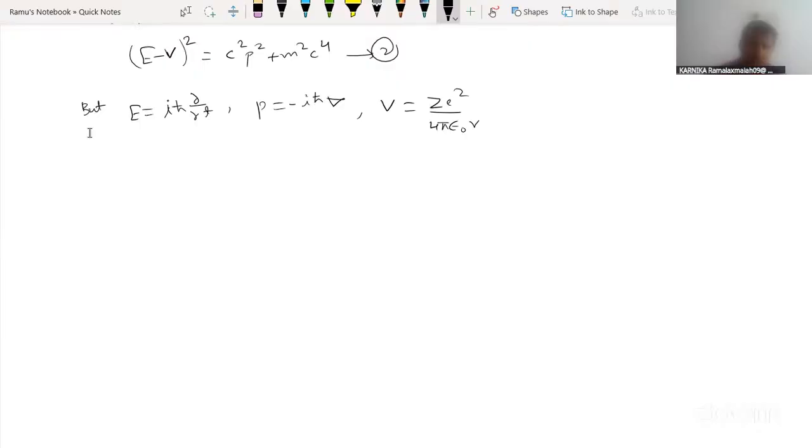So here you already know the E value, the potential energy value, the p value and the V value, and you can substitute them into equation 2.